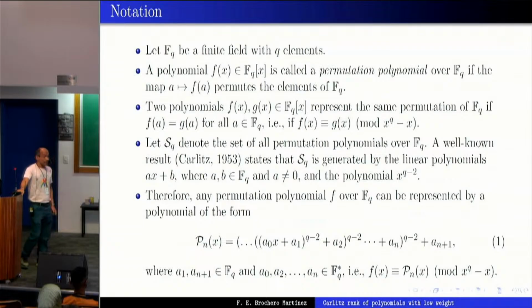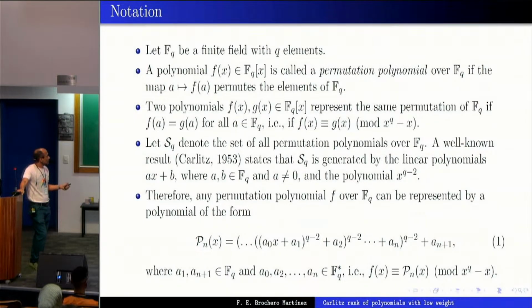That means that if we take f a polynomial, we can find a polynomial of this form, a composition of linear polynomials and this function. We have some restrictions, that a_0 is 2, a_n has to be different from 0, and this polynomial has to be congruent with f.